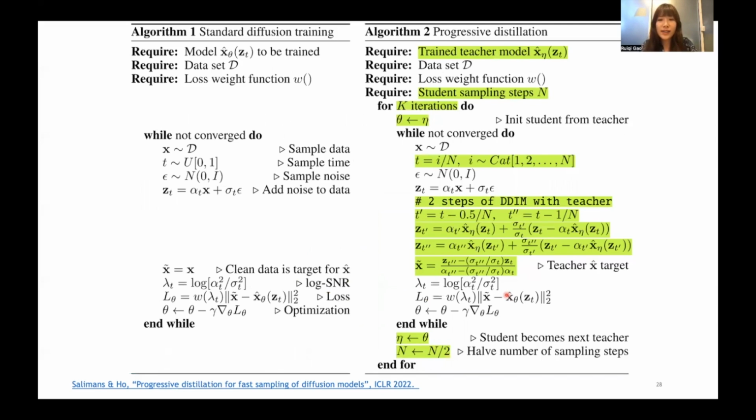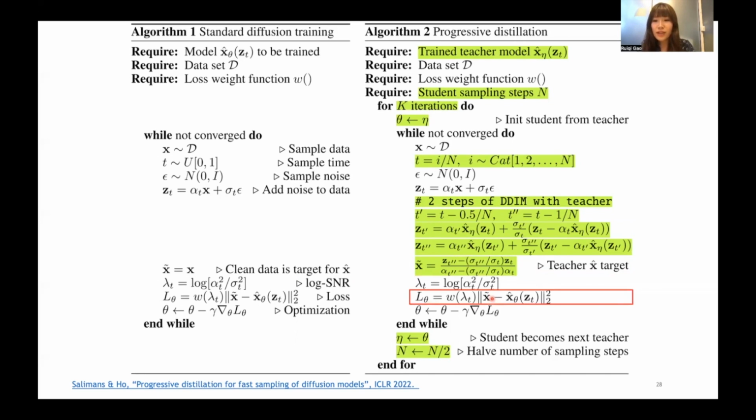And implementation-wise, the learning of the student model is quite similar to the original diffusion model training pipeline. The difference is how we define the training target of the diffusion model. Specifically, given the teacher model, we randomly sample a time step t, and then we run the sampler for 2 steps, and then the target is computed to make sure that the student model can reproduce the 2 sampling steps within 1 sampling step.